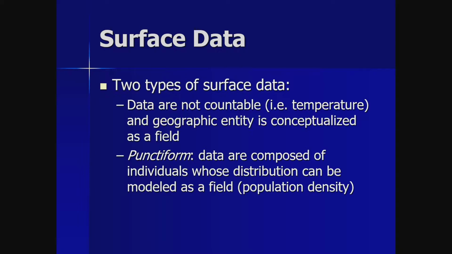The other type of data that's often turned into a continuous surface is referred to as punctiform data. And that is when we have observations of specific individuals. So that might be people, or it might represent bird nests or turtle nests or some other thing. We're trying to make a continuous surface to give us a value per unit of land.